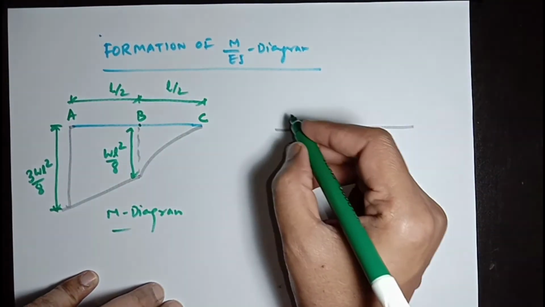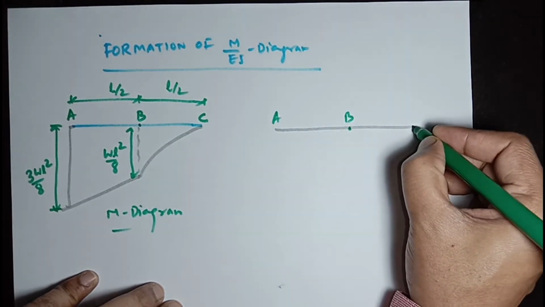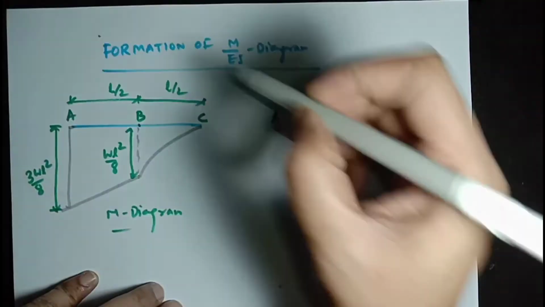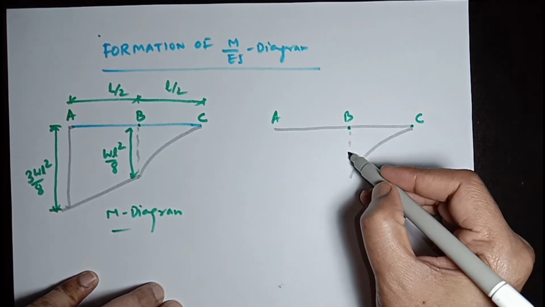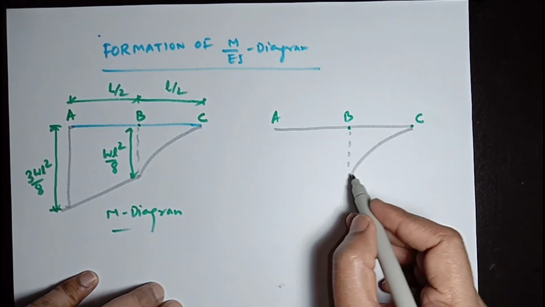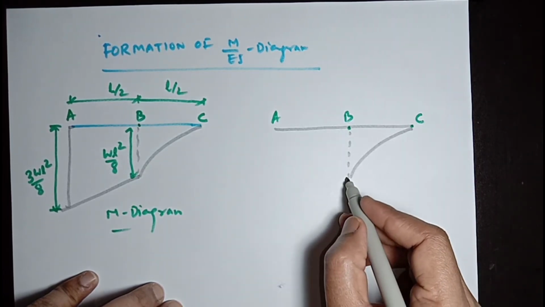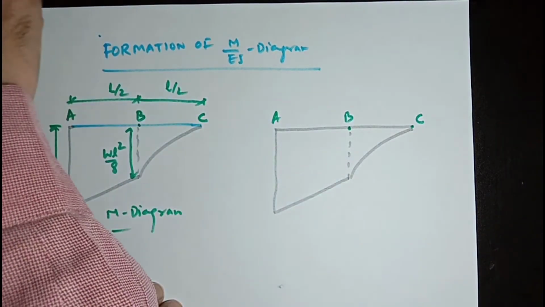The beam is the same: fixed end is A, center of this beam is B, and free end is C. The profile of this M over EI diagram will be the same, as we divide every y coordinate with a constant value of EI, and from B to C will be a parabolic curve, and here it will be a linear curve. This is the M over EI diagram.